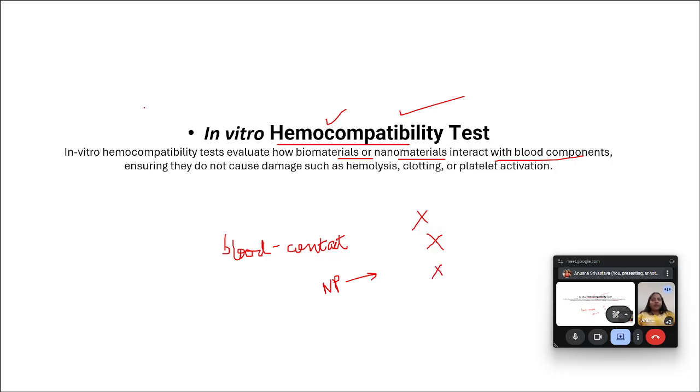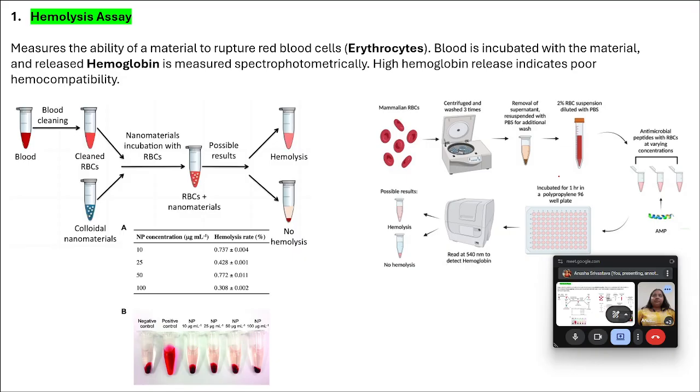So it is very important that apart from biocompatibility, there is also hemocompatibility. Your nanomaterial, your nanoparticle should be hemocompatible also. It should not cause hemolysis, clotting, or platelet activation also, because eventually platelet activation will lead to, sorry.